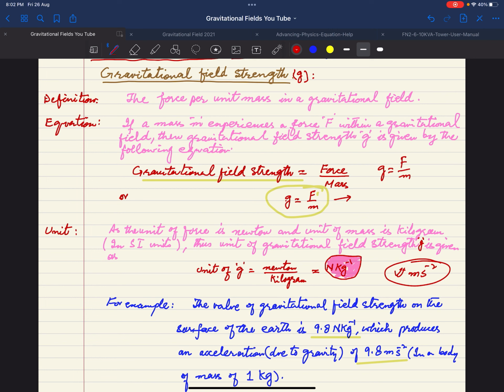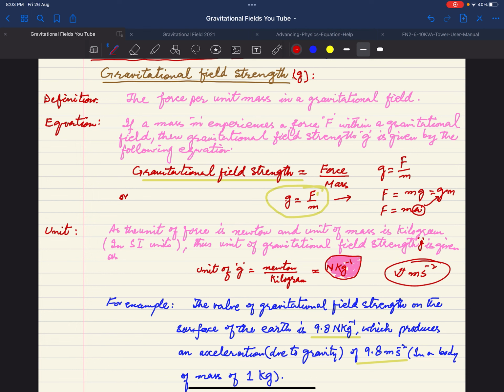If you rewrite this equation, you can write F is equal to mg or gm. So basically you can recall that Newton's second law gives us F is equal to ma. It means that a is nothing but g, the acceleration due to gravity.